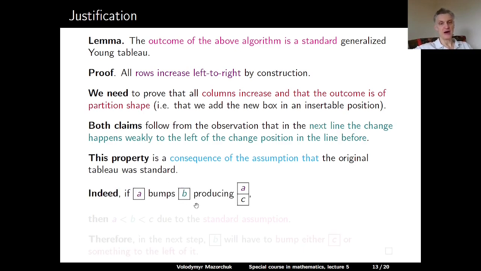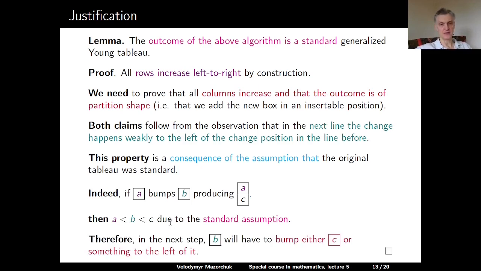So if A bumps some element B, producing a column where A is on top of C, then originally there was B here instead of A, and because the tableau was standard, B is smaller than C. And A is smaller than B, so A will be smaller than C due to our assumptions and the definition of the algorithm.